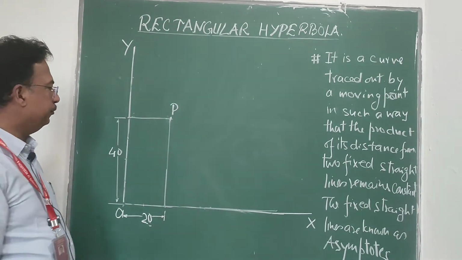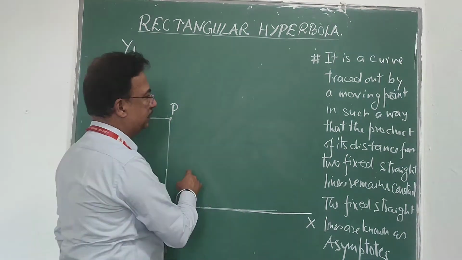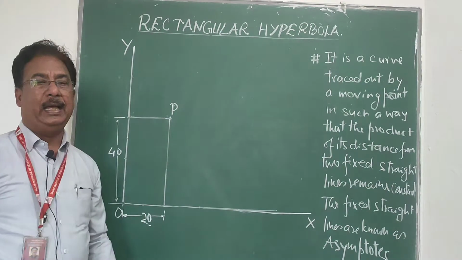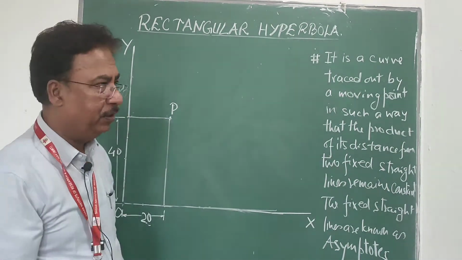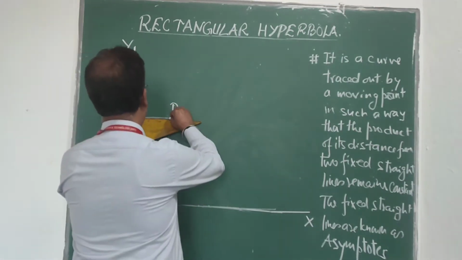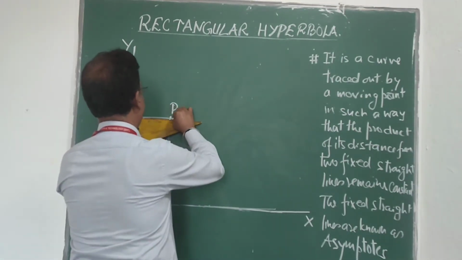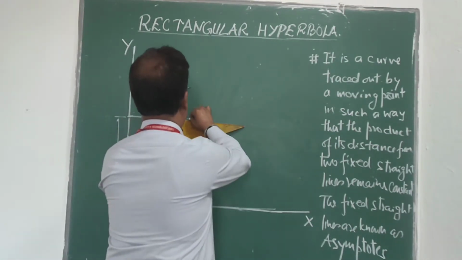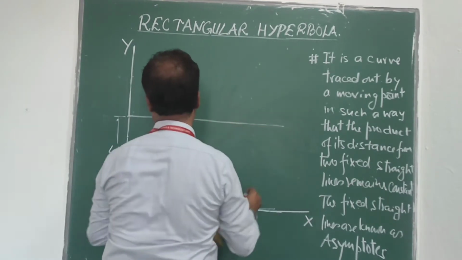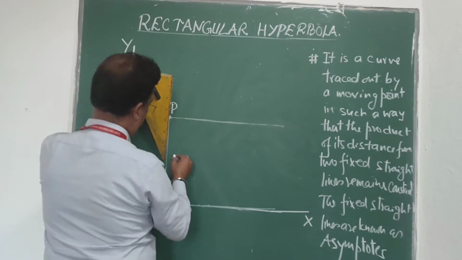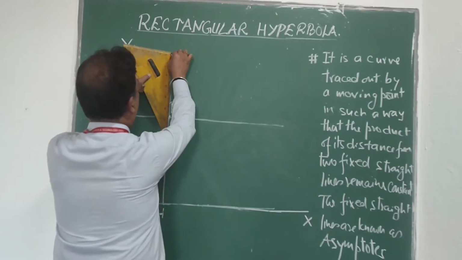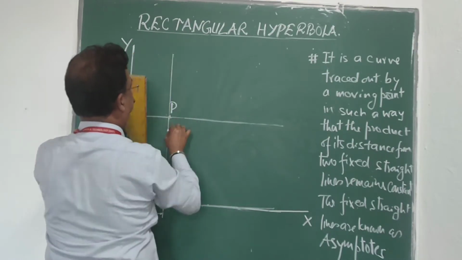Now this point P will move in such a way that the product of the distances from these two asymptotes remains the same. So the method will be like this. From this P I will draw a line perpendicular to the OY axis and also extend this line in the opposite direction like this, and from P, the perpendicular line on the OX, I will extend this line upside also.